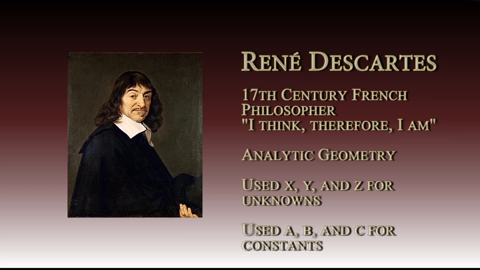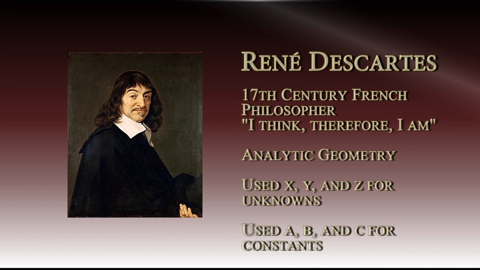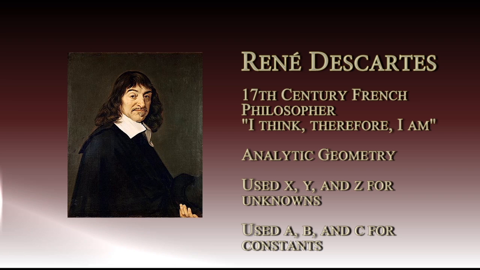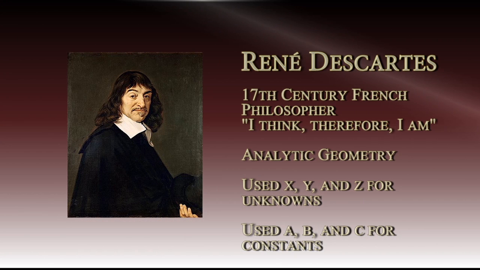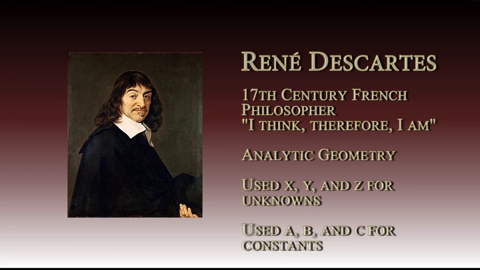In mathematics, he developed analytic geometry, which is a way of using algebraic techniques to think about geometry problems, including lines, circles, and conic sections like the parabola, ellipse, and hyperbola.